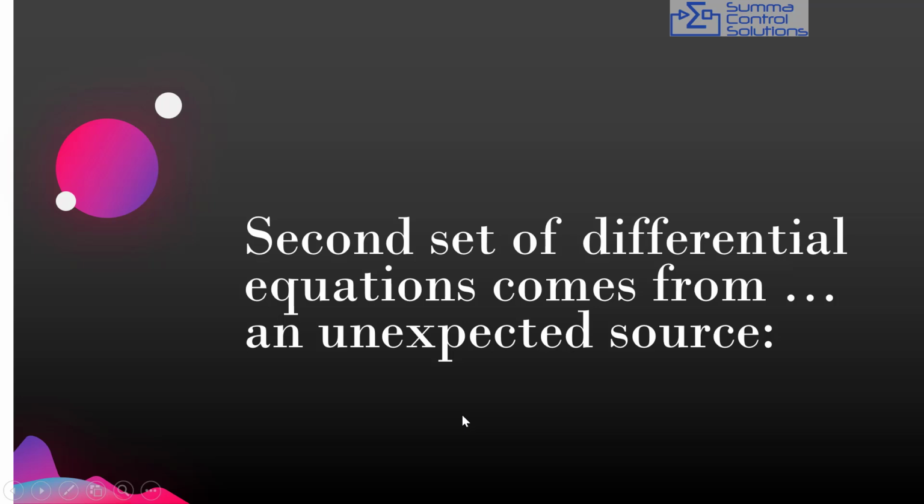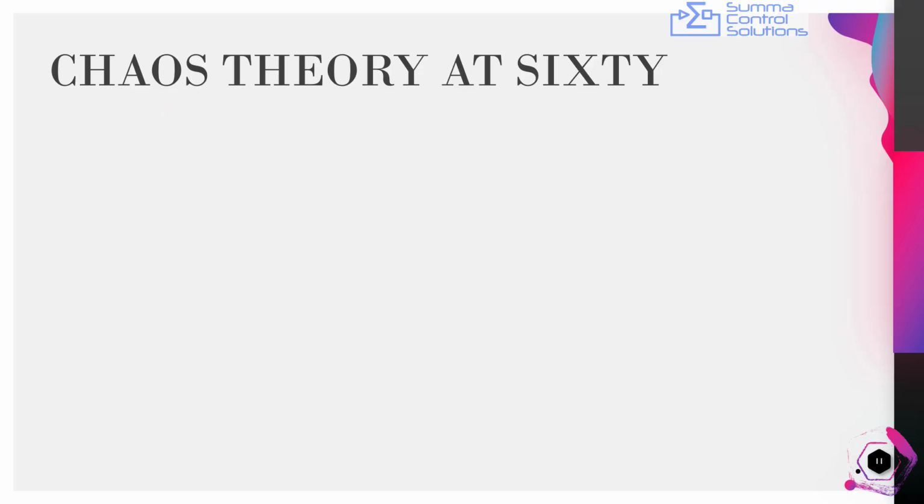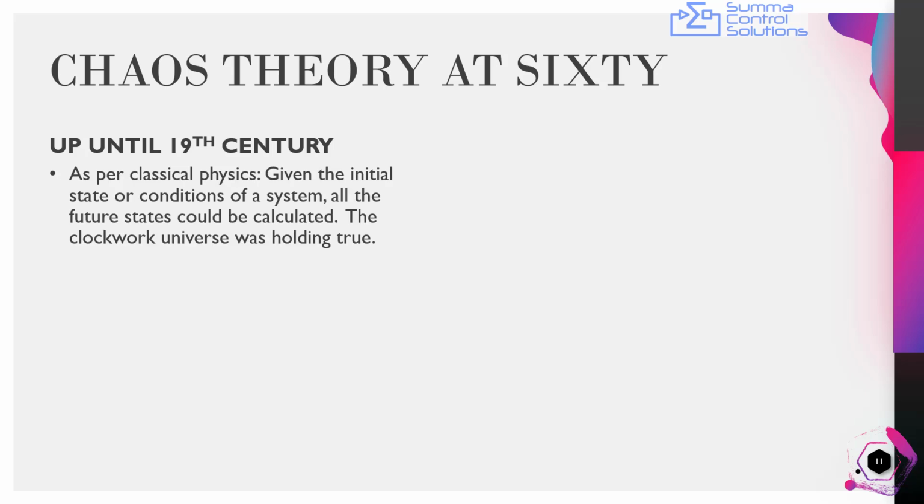The second set of differential equations comes from an unexpected source, chaos theory. Up until the 19th century, as per classical physics, it was believed that given the initial conditions of any system, all its future states could be calculated.